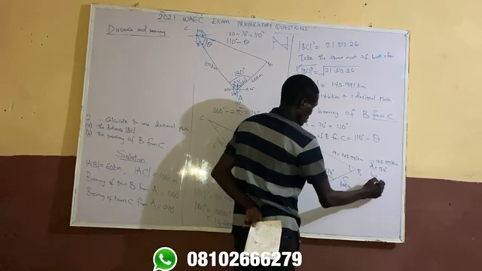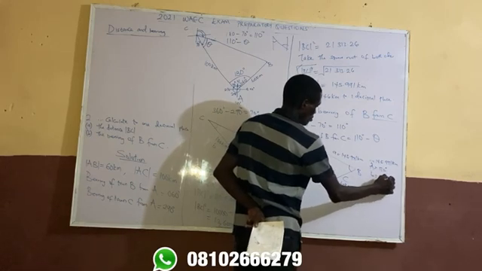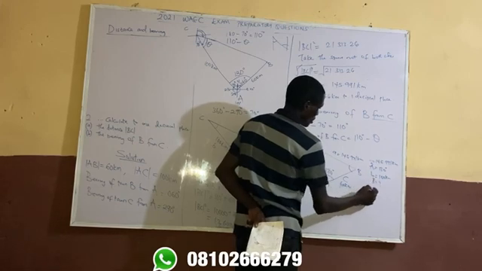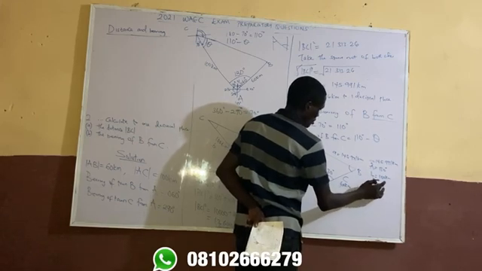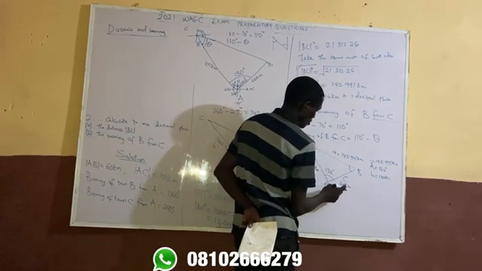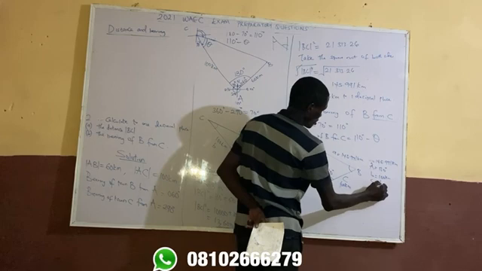Side B is 100 kilometers. Angle B we don't know, and that's not our concern. But side C is 60 kilometers.